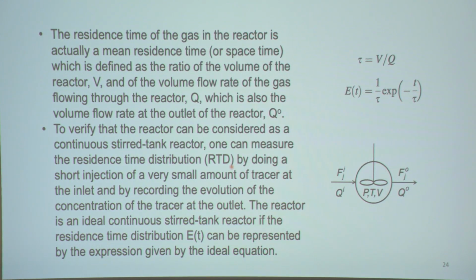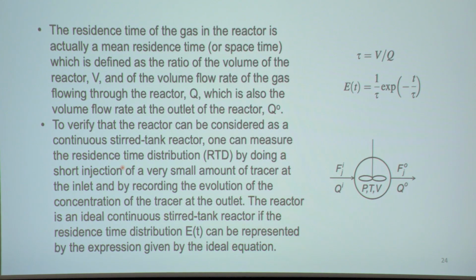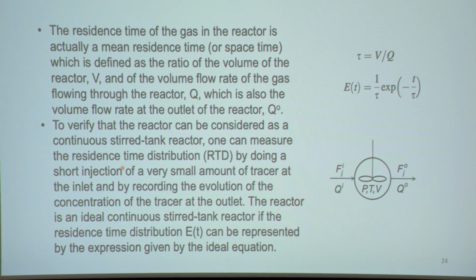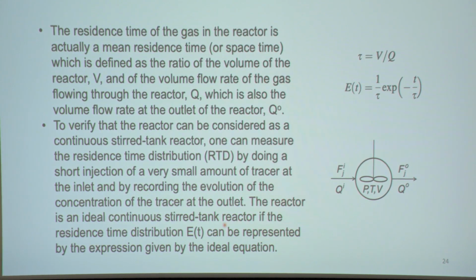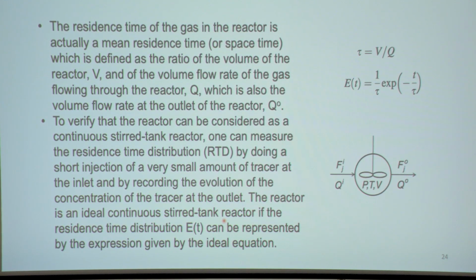And again, your standard way to determine if the mixture is well mixed is to do something called a residence time distribution measurement. You might have seen these in different types of fluid mechanics courses as well. It's a tracer experiment. You inject a tracer into the reactor, and then you monitor the concentration of that tracer in the exhaust.